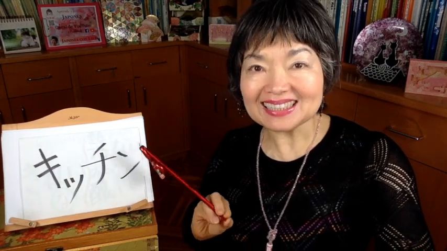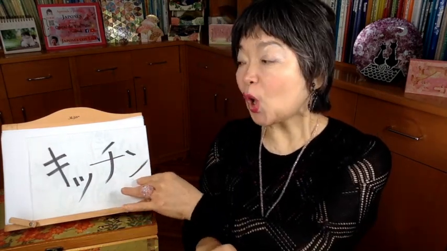Can you read this katakana? Ki and small tsu, so there's a jump sound. Kitchen. So it's easy for you. This is kitchen.